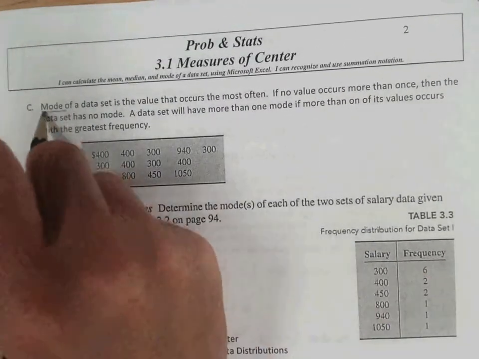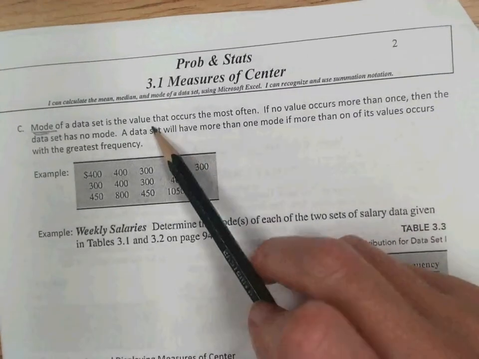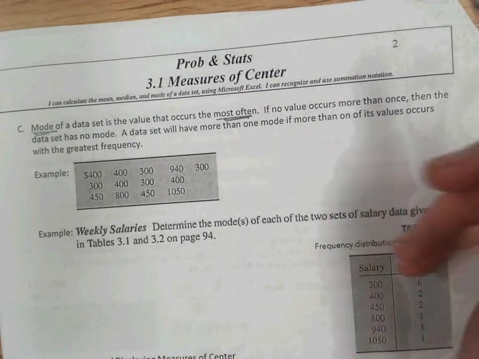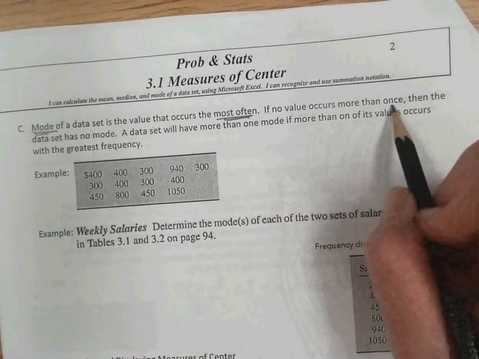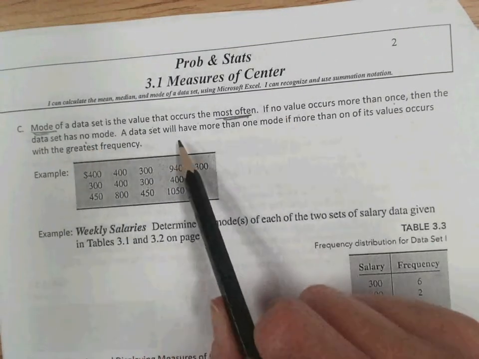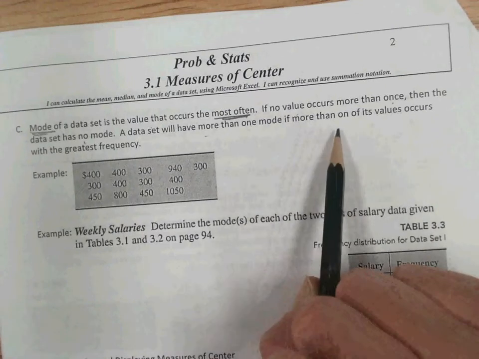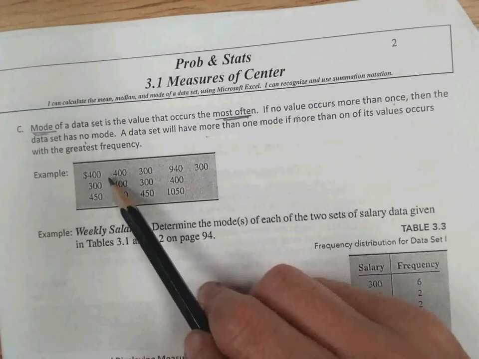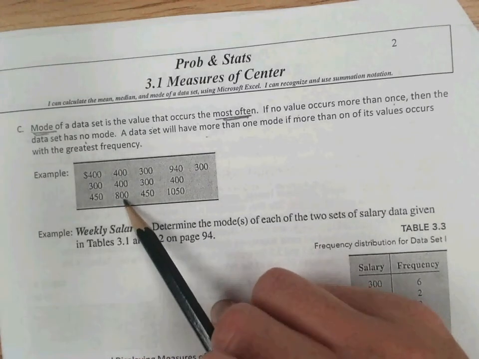Finally, we have the mode as our third measure of central tendency. The mode of a data set is the value that occurs most often. It happens occasionally that there is no value that occurs more than once, and in that case there would not be a mode. And then on occasion you have a data set that will have more than one mode if more than one of its values occurs with the greatest frequency. So we'll take a look at an example here.